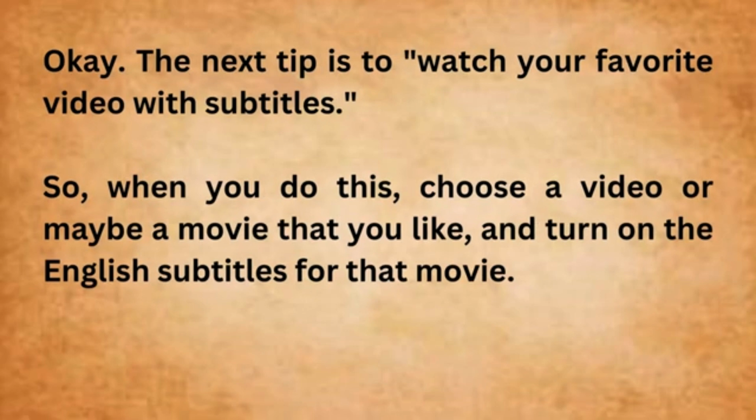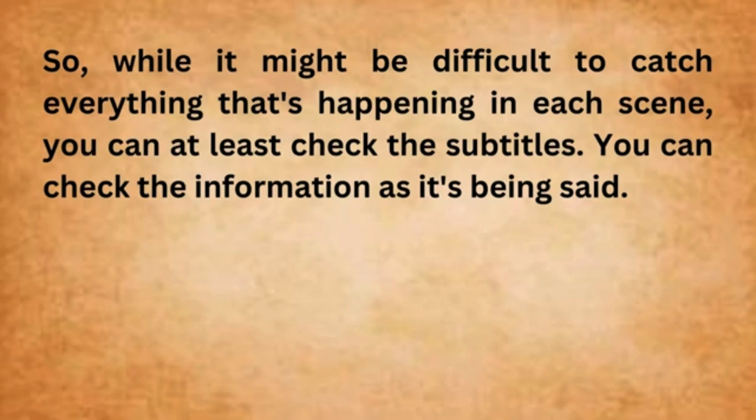Okay. The next tip is to watch your favorite video with subtitles. So when you do this, choose a video or maybe a movie that you like and turn on the English subtitles for that movie. While it might be difficult to catch everything that's happening in each scene, you can at least check the subtitles. You can check the information as it's being said.